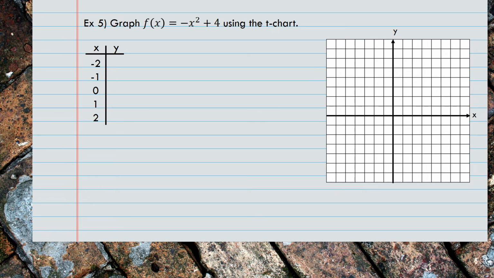Example 5, graph f of x equals negative x squared plus 4 using the t-chart. Again, notice the notation that f of x tells us this is a function. Alright, so we start with the t-chart, and the first value for x we see is a negative 2, which means anytime you see an x value, you will need to plug in a negative 2.